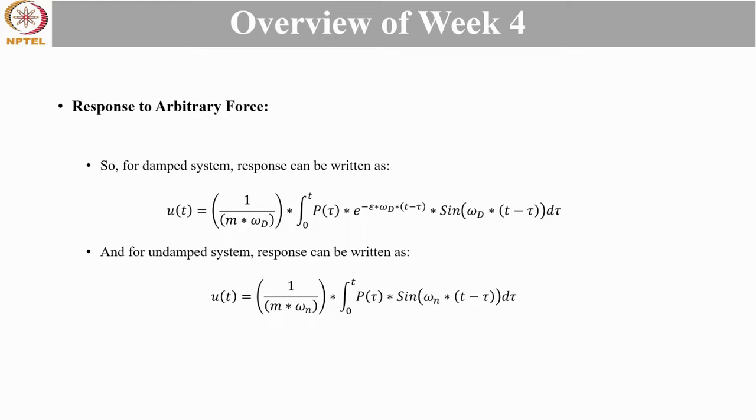And for an undamped system, the response can be written as u of t is equal to 1 upon m omega n, integral of 0 to t, p of tau sine omega n (t minus tau) d tau. So these are the relationships that we obtained following the steps that we discussed in the previous slide.